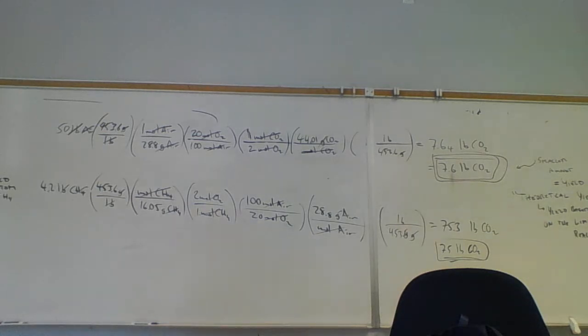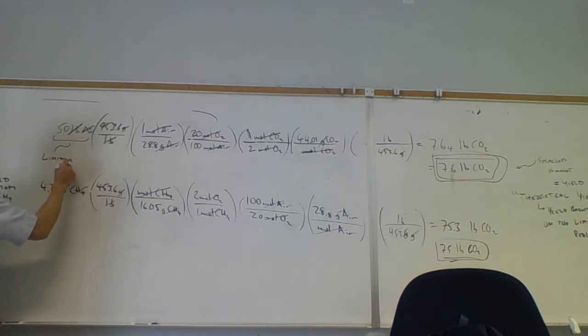All right, so 50 pounds of air, this is what we call the limiting reagent. Reagent is just a reactant. 4.2 pounds of methane, this is what we call the excess reagent.